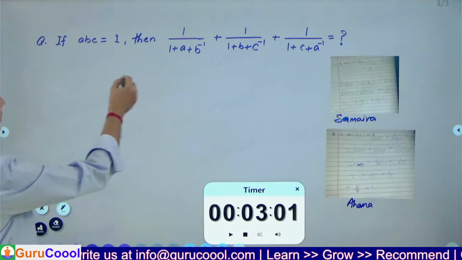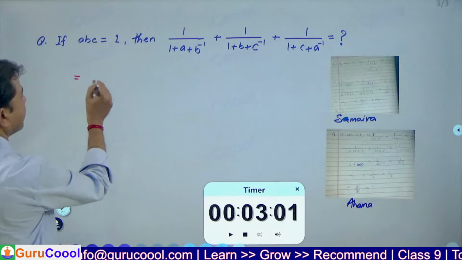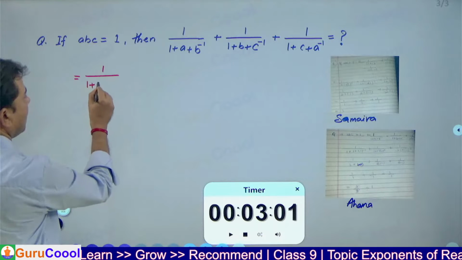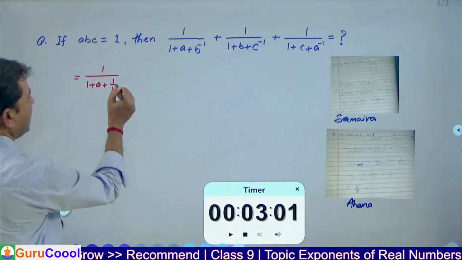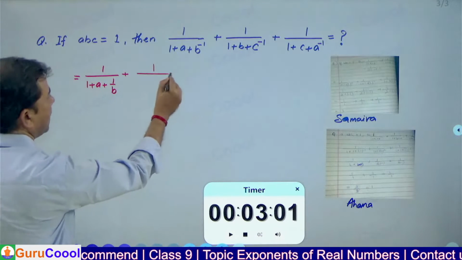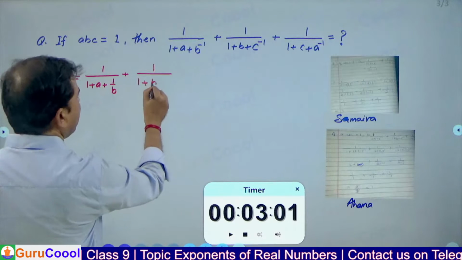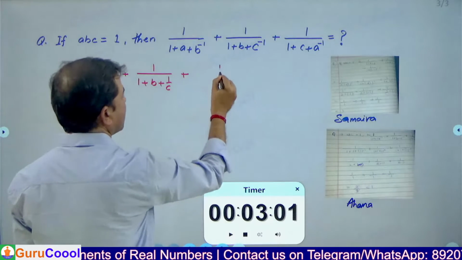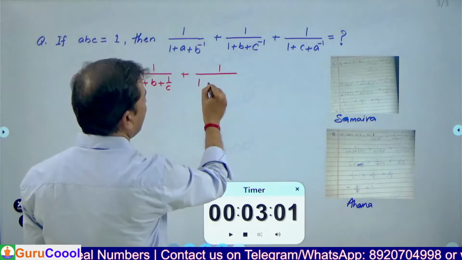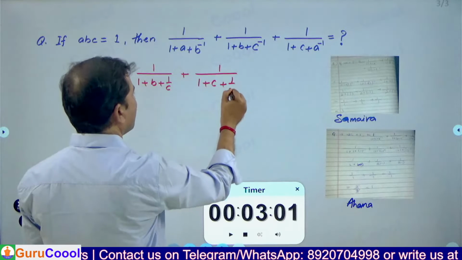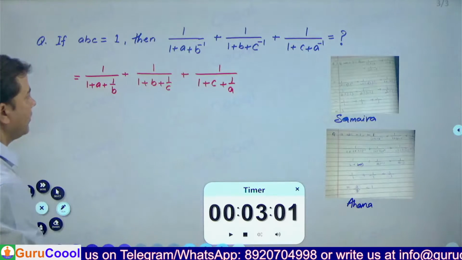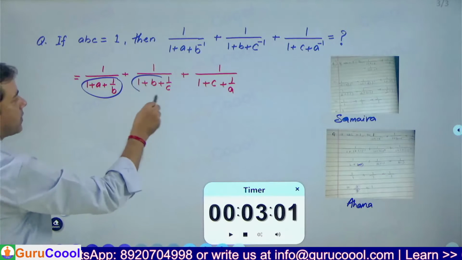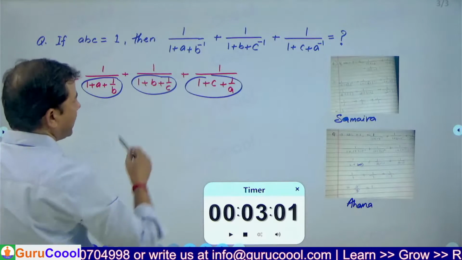Okay, let us see here. 1 by 1 plus a plus 1 by b, plus 1 by 1 plus b plus 1 by c, plus 1 upon 1 plus c plus 1 by a. Now we will take LCM in each of these denominators.